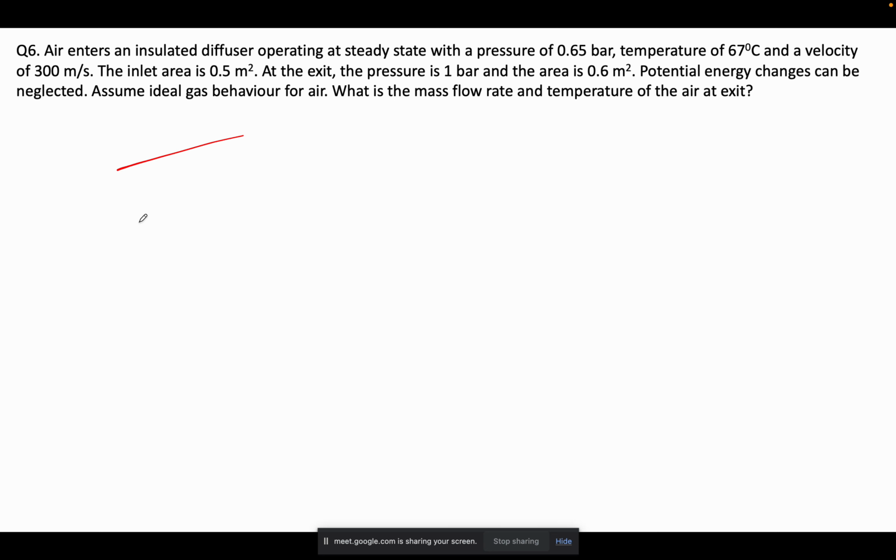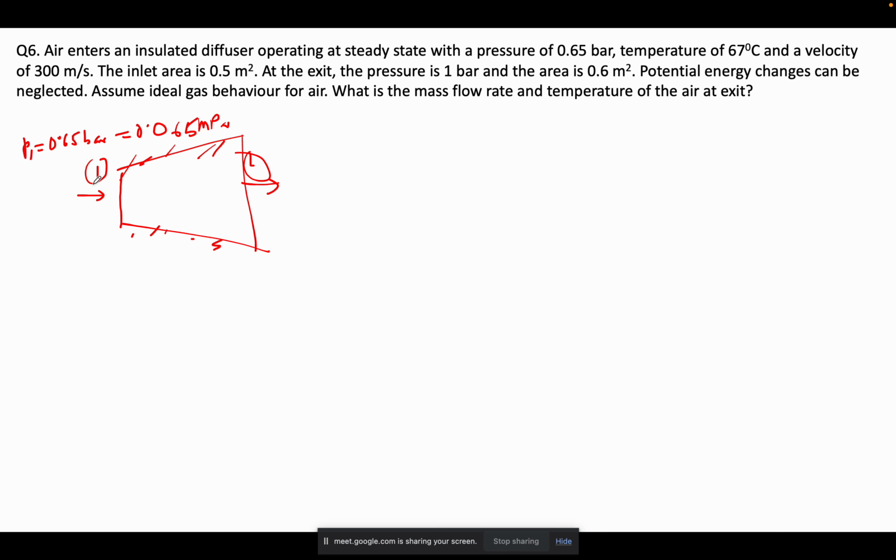Okay, so once again, the same type of pattern, but just the devices are different. So this is a diffuser, which is an insulated diffuser. That means the Q is 0. Now this is the entry point and this is the exit point. So your P1 is 0.65 bar, that is 0.065 megapascal.